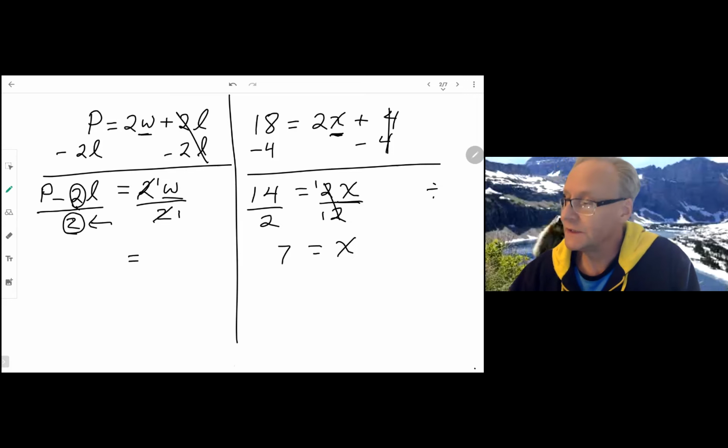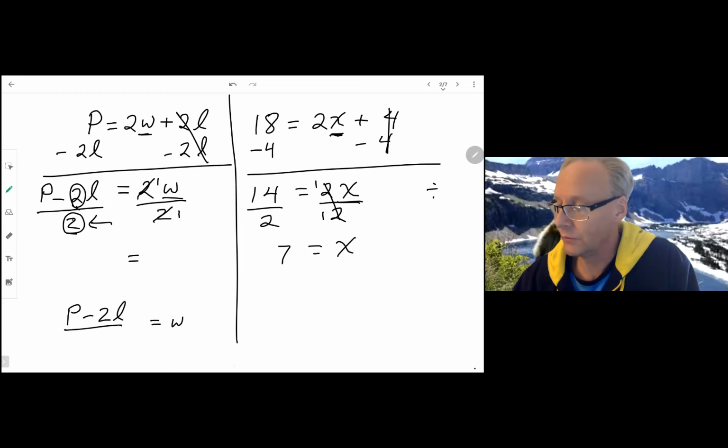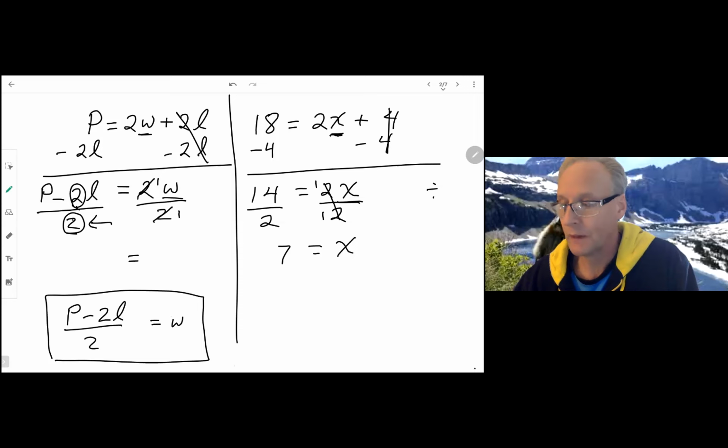Now we could just leave it the way it is. It's correct the way it's written. In other words, w is equal to p minus 2l all over 2. This is a perfectly acceptable way to solve this. If you did, however, want to cancel that 2, you would have to divide it into a common denominator.